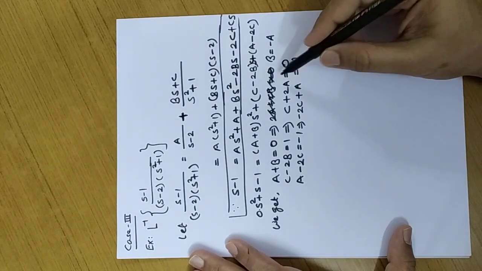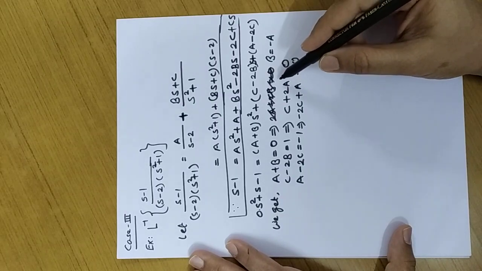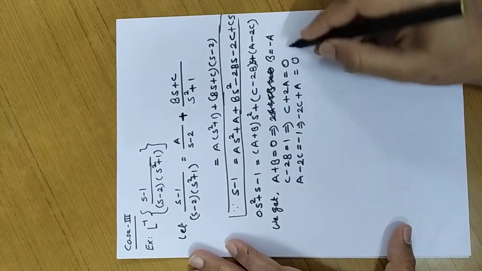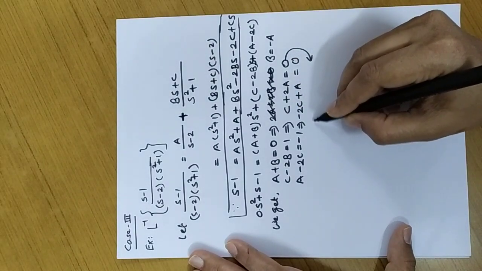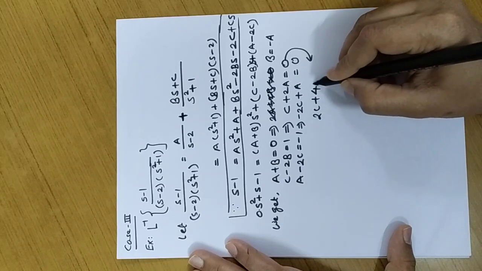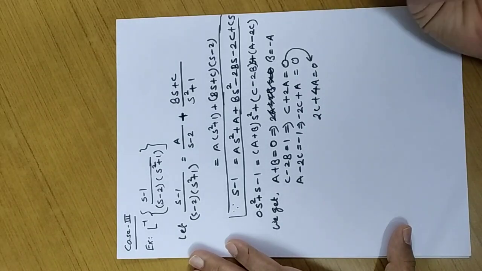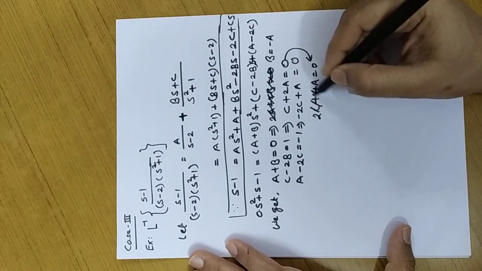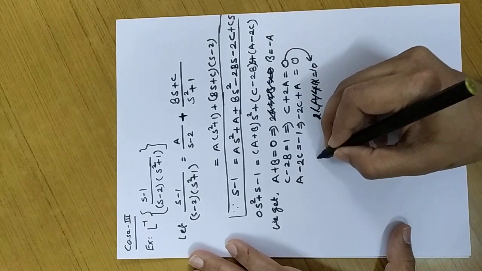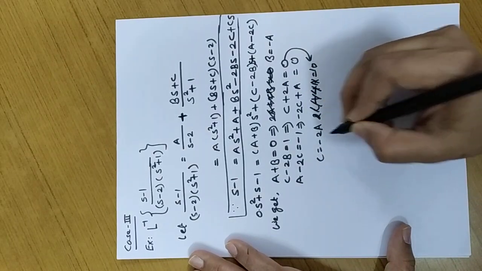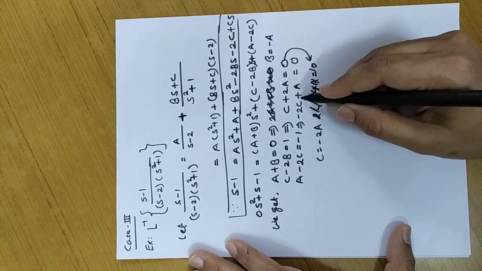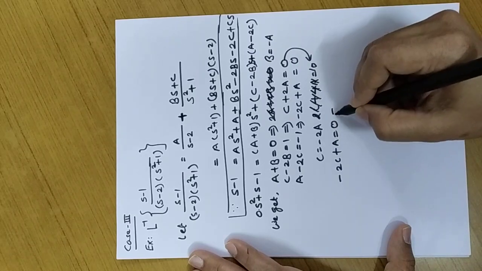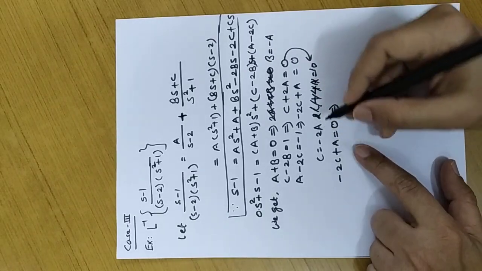Now from this equation you can get the value of C by removing A or C. Again we will multiply the first equation by 2, so it becomes 2C plus 4A is equal to 0, or as I told you, you can write C is equal to minus 2A. Substitute this value in this equation: minus 2C plus A is equal to minus 1, where C is equal to minus 2A.